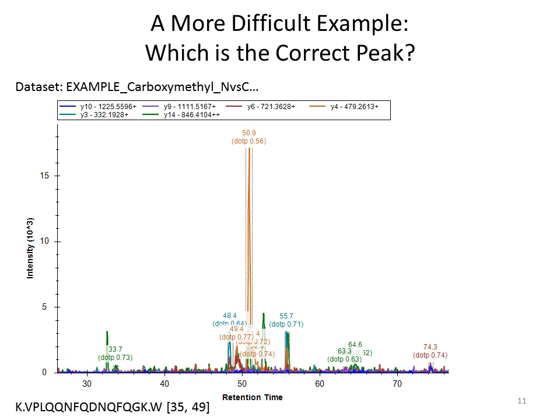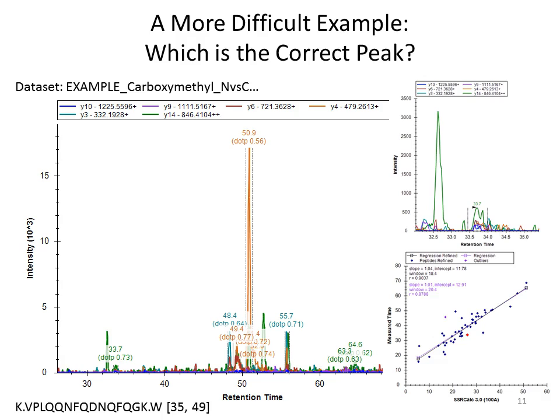Oh, I took off the indicator of what Skyline picked on here, but Skyline probably hasn't picked on yours, so don't use that as a cheat. And if you didn't have that on there, the question would be like, oh, which one should it pick? I would probably initially look for the biggest dot product. So I got a 0.77 there, or 0.73, 0.74. They're all about there. But I probably wouldn't pick the biggest one, right? Because that's 0.56.